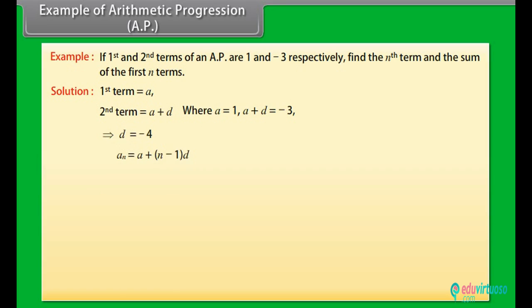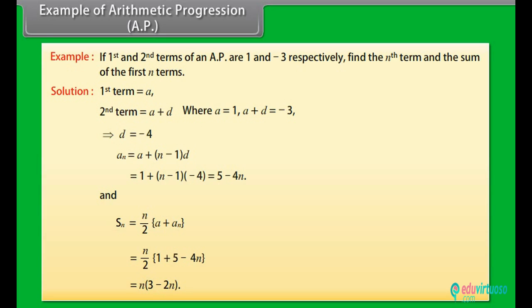An is equal to A plus n minus 1 into D, which is 1 plus n minus 1 into minus 4, which is 5 minus 4n. And Sn is equal to n by 2 into A plus An, which is n by 2 into 1 plus 5 minus 4n. It gives Sn is equal to n into 3 minus 2n.